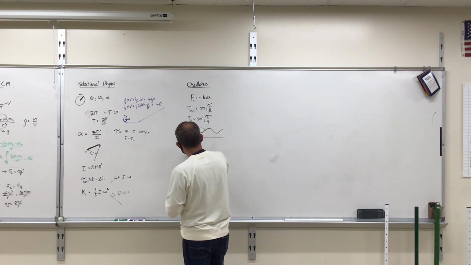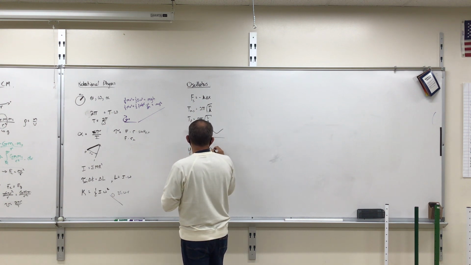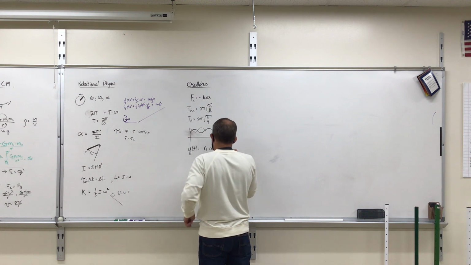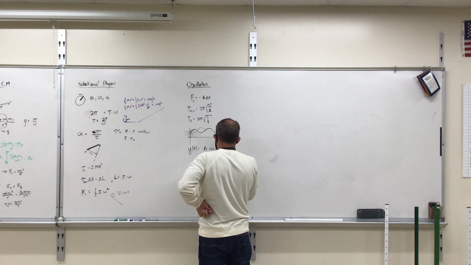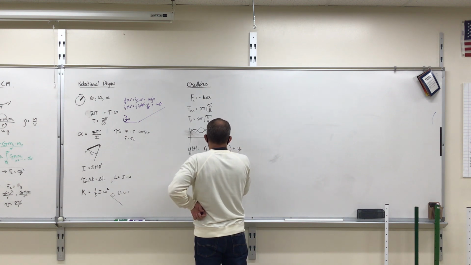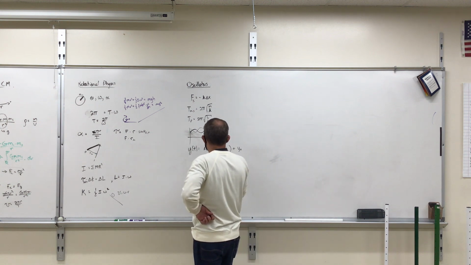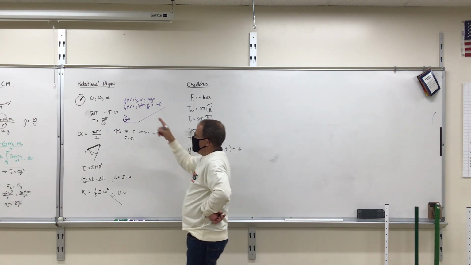We can describe its motion using the equation: the y position as a function of time equals the amplitude times the cosine of omega t plus phi naught. Remember, omega is the angular velocity.